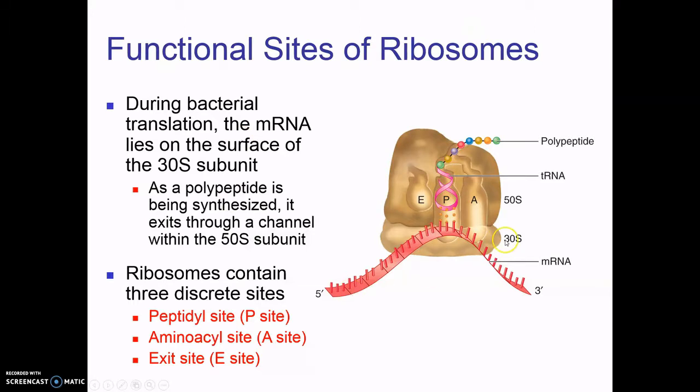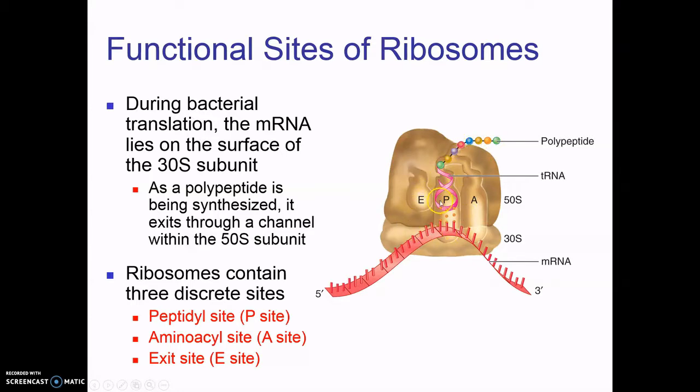So, during bacterial translation, you've got the messenger RNA. It is more or less laying on the surface of the 30S subunit. And as the polypeptide is being synthesized in the 50S subunit, it is exiting through a little channel here.